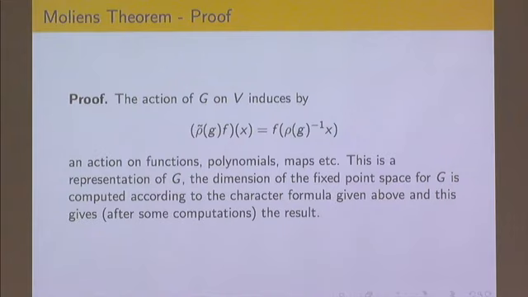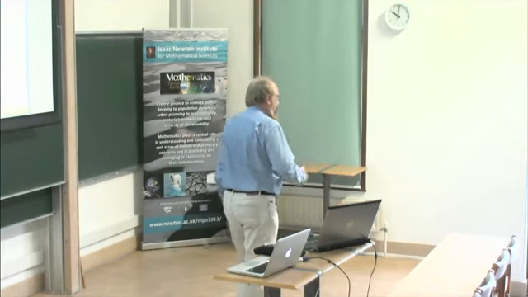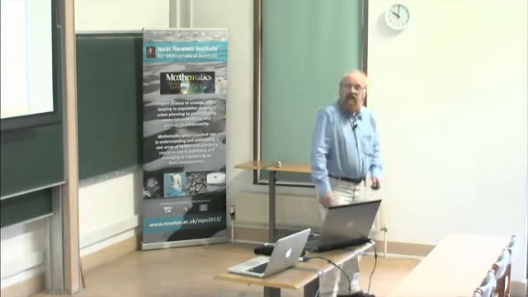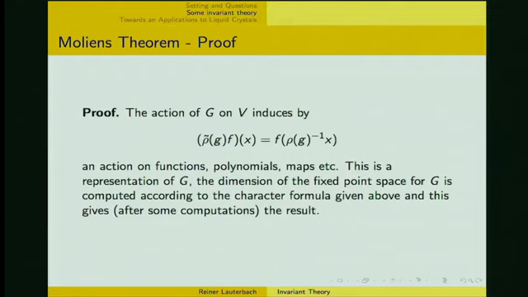We have an action of G on V, and this action of G on V induces an action on all kinds of objects like functions, vector fields, whatever you like. And so you do this by acting on the variable with rho of g inverse. So you have this new action on your objects by doing this. And you do this on function, polynomial maps and so on.